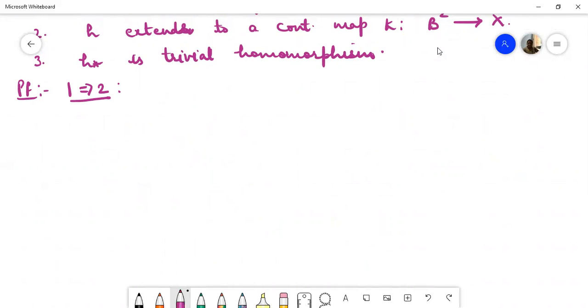So in the first condition, we are assuming H is null homotopic, meaning H is homotopic to a constant map from S1 to X. So let capital H be the homotopy between H and a constant map. So it will be a mapping from S1 cross I to X. Suppose this is a homotopy.